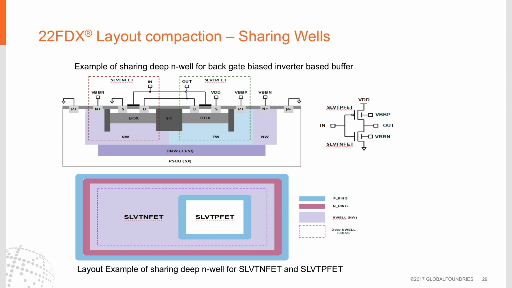The bottom drawing shows a top-down view of the layout of the structure above with a P ring on the outside, an N ring which is connecting to the N well on the inside, and the deep N well, which is the T3 or S3 layer drawn slightly inside that. The end result is the white area is the isolated P well for the SLVT PFET.